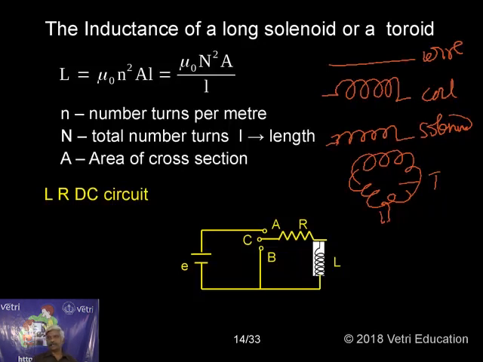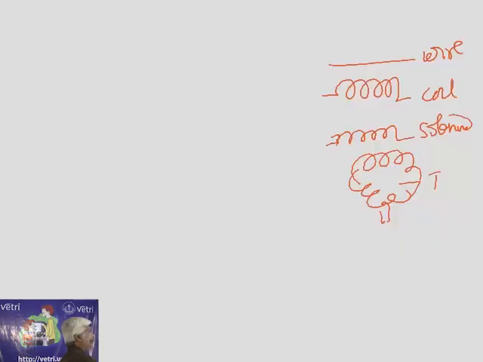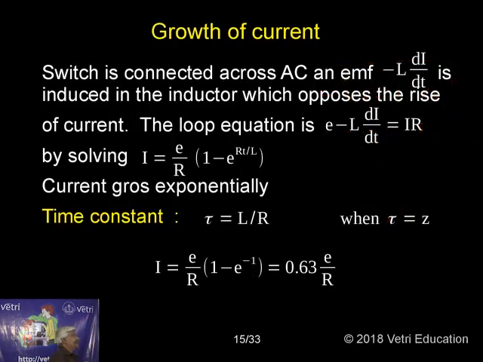Consider an inductor and a resistor connected in a DC circuit as shown in the figure, with a given EMF E. There is a switch, a resistor of resistance R, and an inductor of coefficient of self-inductance L connected as shown in the diagram. What happens here?